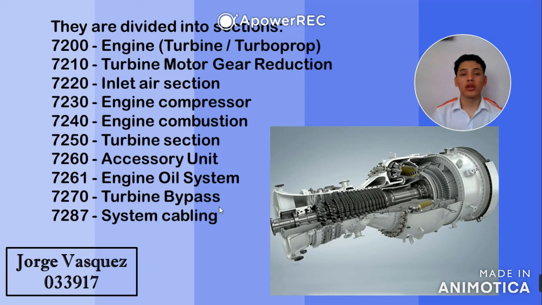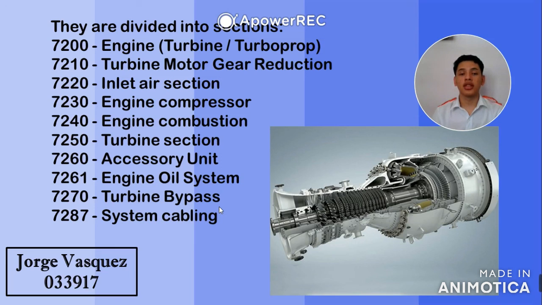So I will tell you about the ATA 72, which is divided into 10 sections, some of which have their definition. The first is 72-00, that is engine, turbine, or turboprop. The 72-10, that is the turbine engine reduction gear. The 72-20, the air inlet section, that is the engine section through which air enters the compressor section.